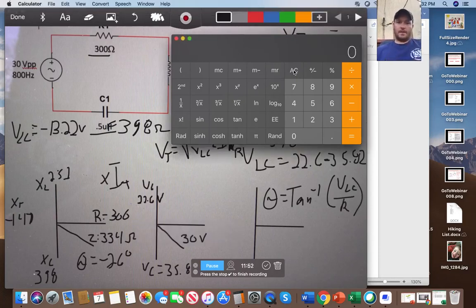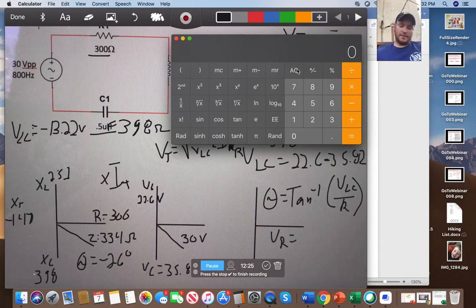So that will be 13.2 negative. Oh, I made a mistake, guys. I'm so sorry. I don't have all the information yet. Please forgive me. We need to get our voltage across the resistor, which is IT times R. That's a mess. I'm so sorry, guys.